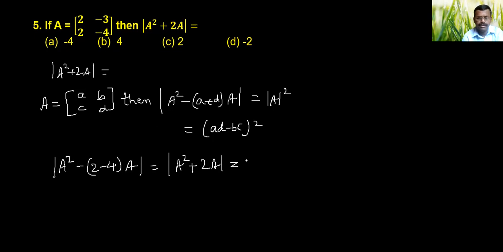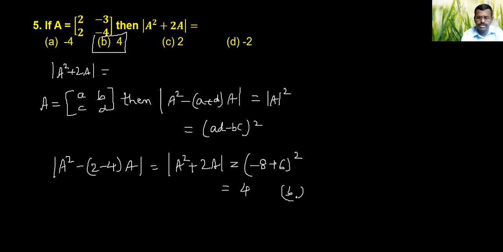Therefore, the answer is AD minus BC whole square. AD means 2 into minus 4 is minus 8. So minus 8 minus BC. Minus 3 into 2 is minus 6, it becomes plus 6 whole square. So minus 8 plus 6 is minus 2. Minus 2 whole square is plus 4. Hence, question number 5, B is the answer.